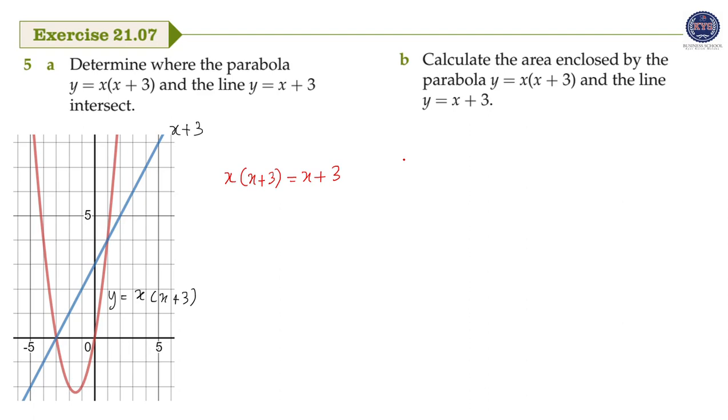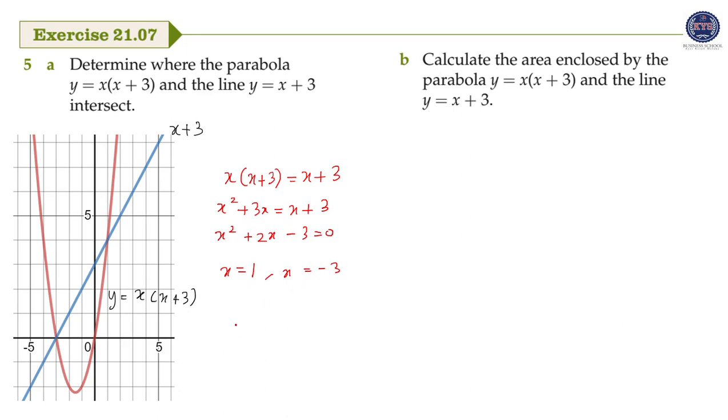So you have x squared plus 3x equal to x plus 3. And then you will get x squared plus 2x minus 3 equal to 0. And then press your calculator, find the factor, you will get x equal to 1, x equal to negative 3.